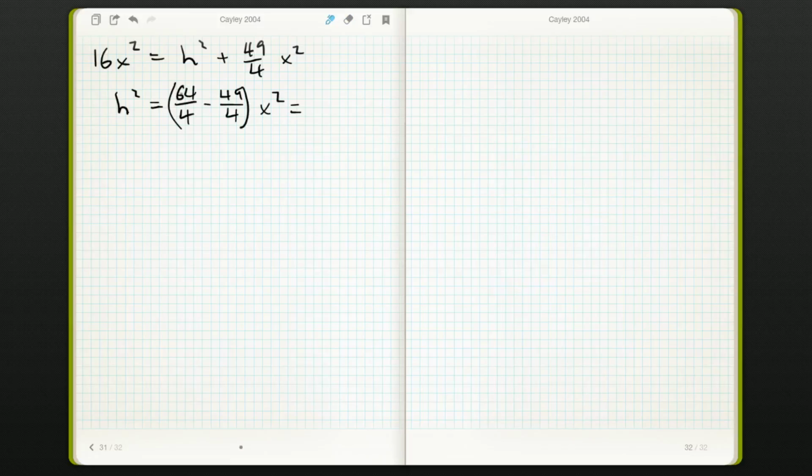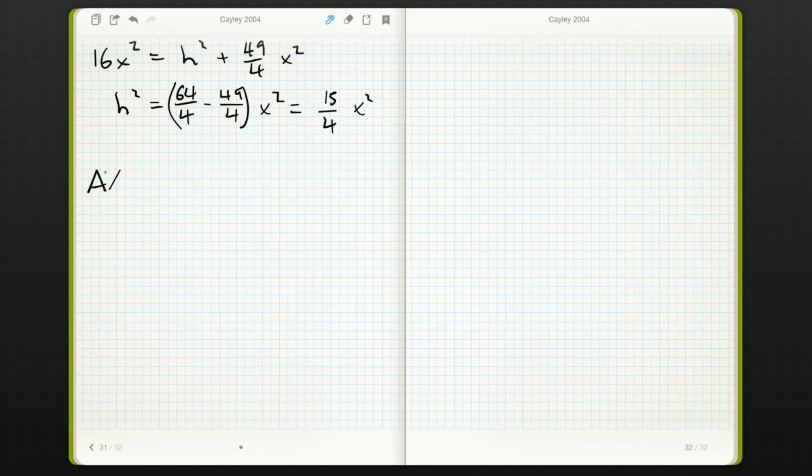And the difference between those two is 13? No, 15. Yeah, because it's 7 squared and 8 squared, so 7 plus 8, 15. Okay, so 15 over 4 x squared. That's what h squared is.